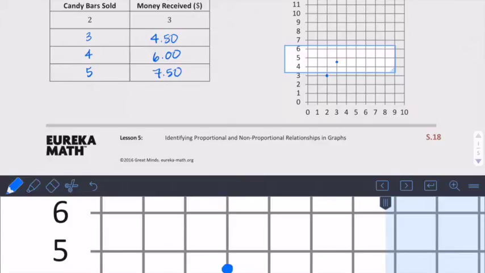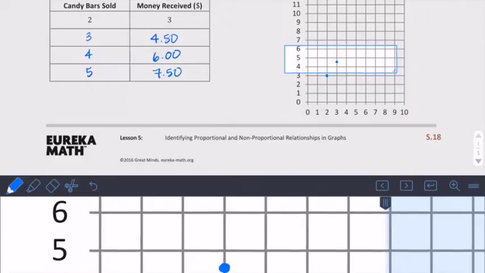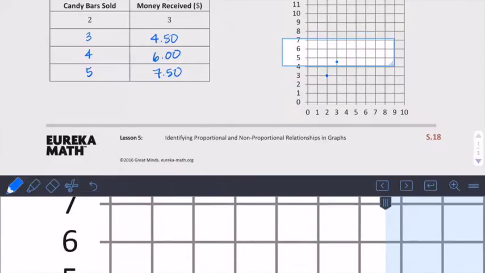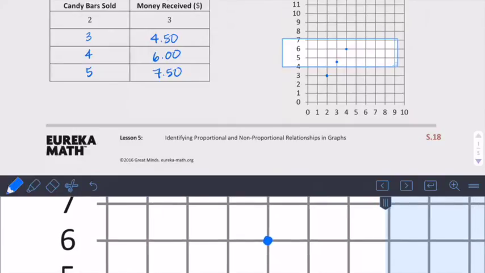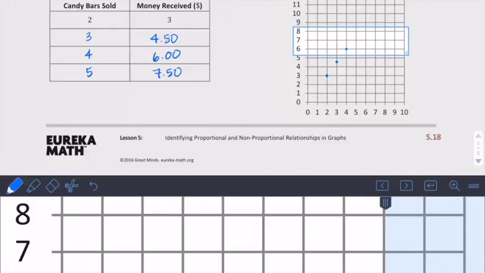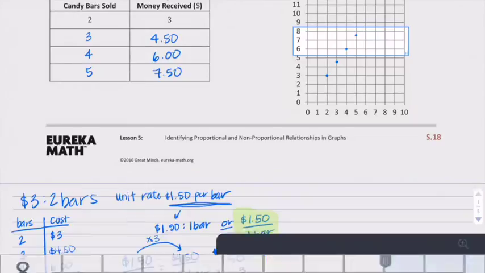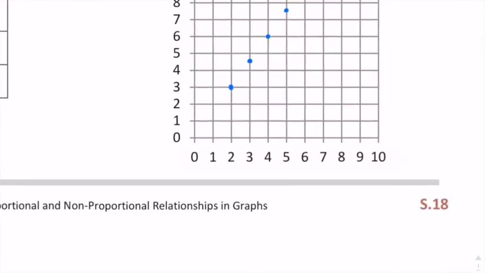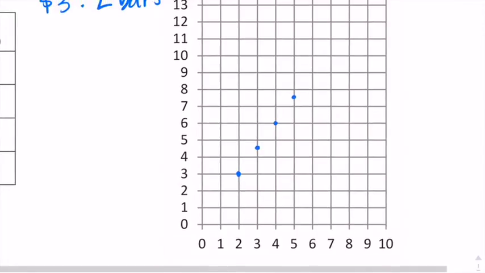Okay, and my next point up is 4 and 6. Okay, so this one is 3, 4, and 6. And my last point is 5 and 7.5. Okay. 7.5 is here. Alright, so if I take that off, I know that that's what my graph looks like.